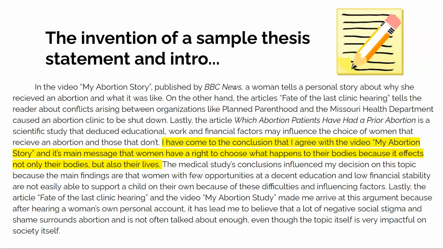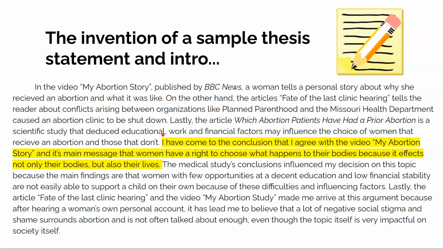And then I go on to say, lastly, the article which abortion patients have had a prior abortion is a scientific study that deduced educational, work, and financial factors may influence the choice of women that receive an abortion and those that don't. So then I have my thesis statement here.